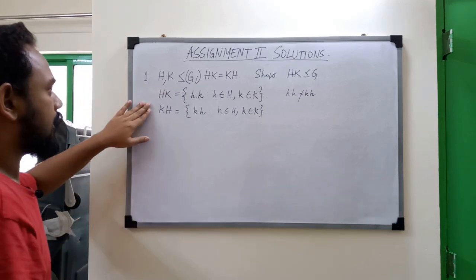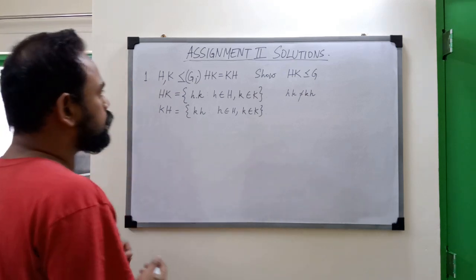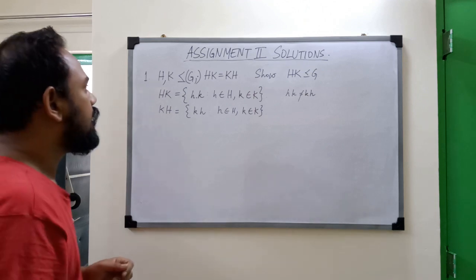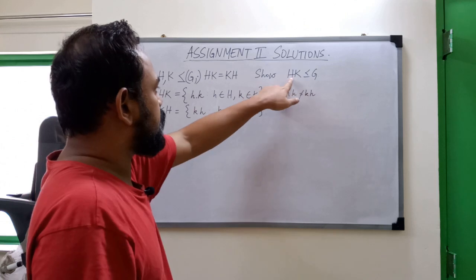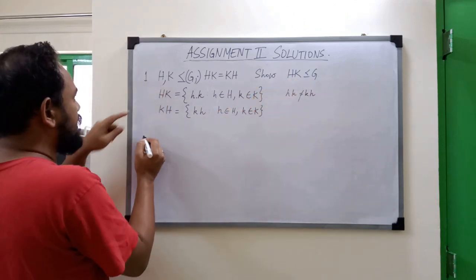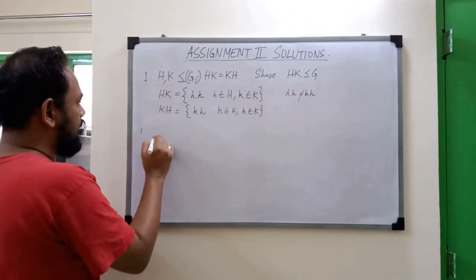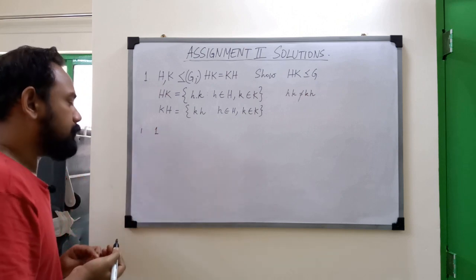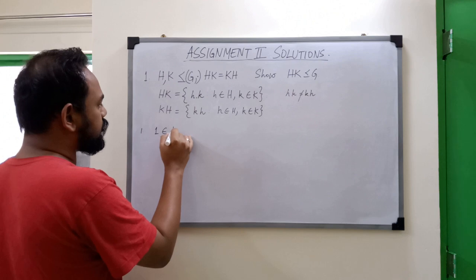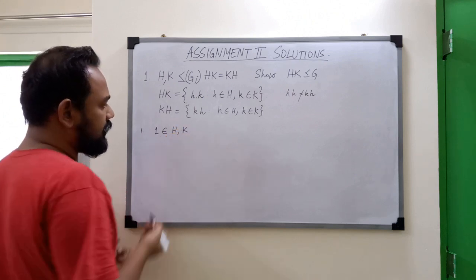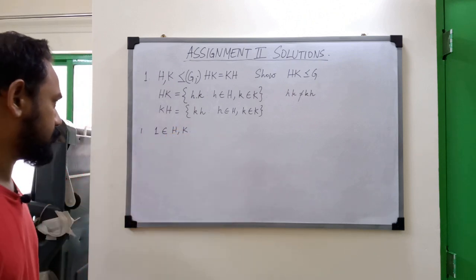So let's just do that. Let's do things one by one. The question is, is the identity element in HK? Well, H and K are subgroups. So the identity element, which I'm calling 1 again, is there in both H and in K, because they are both subgroups.